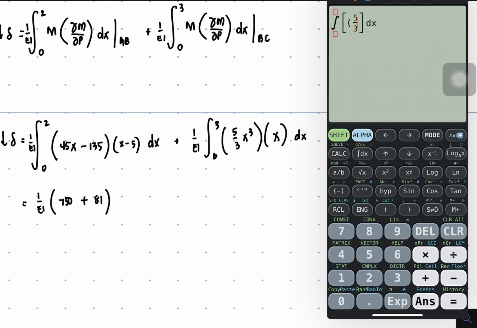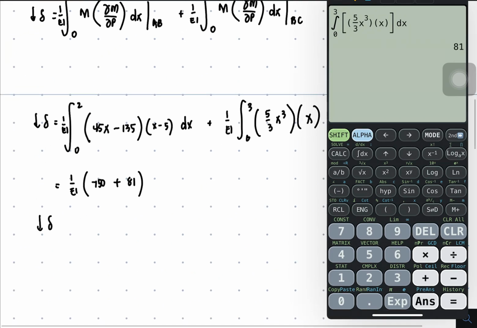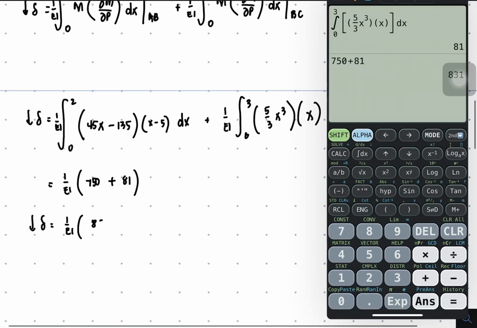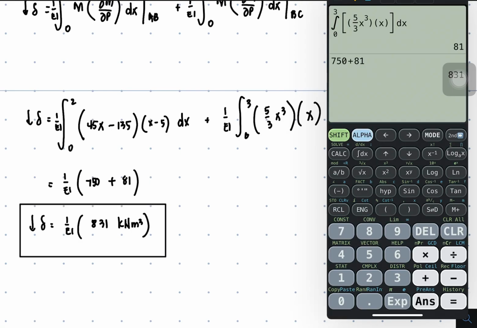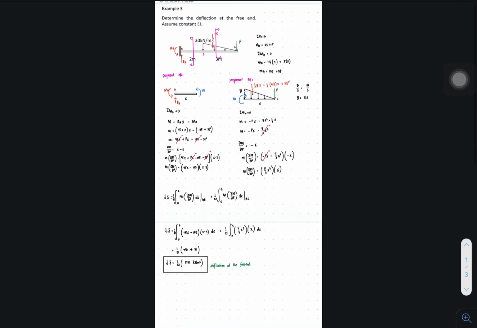So it's going to be the integral of 5 over 3 x cubed times x, limit from 0 to 3. It's 81. Okay, so downward deflection is equal to 1 over EI times 750 plus 81. It's 831 kilonewtons cubic meter. This is our deflection at the free end.